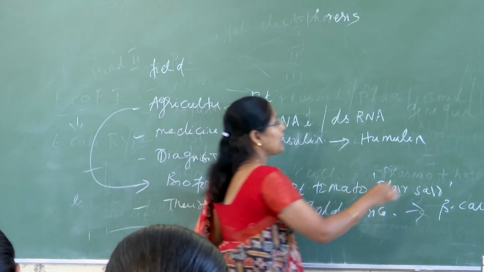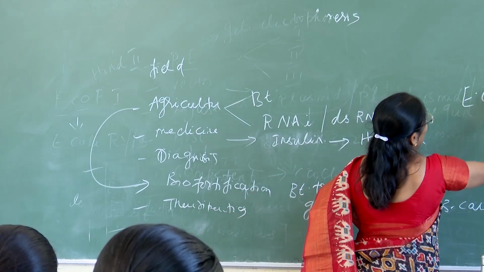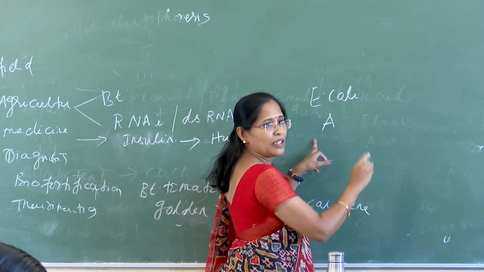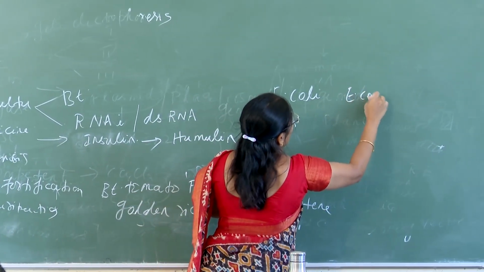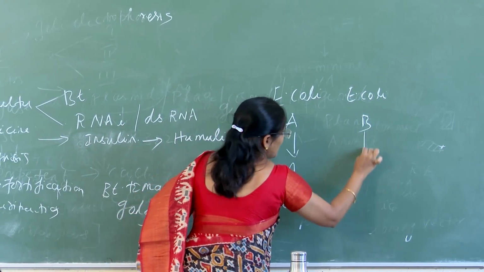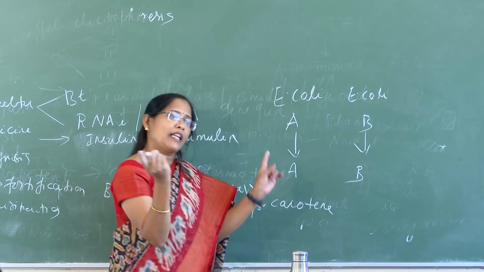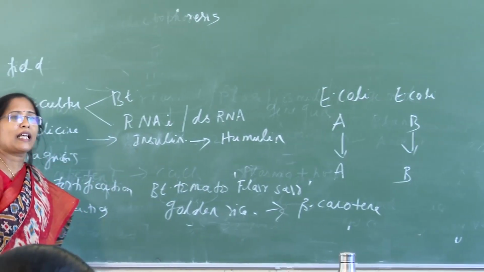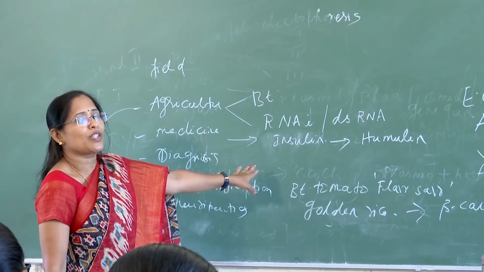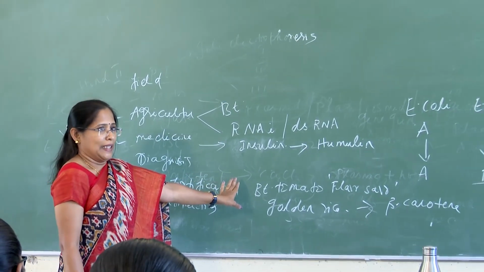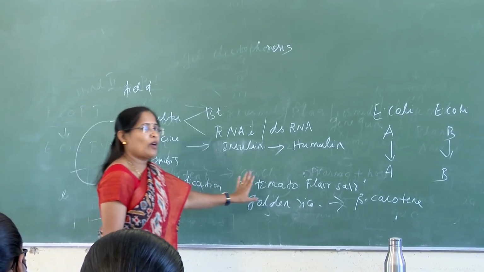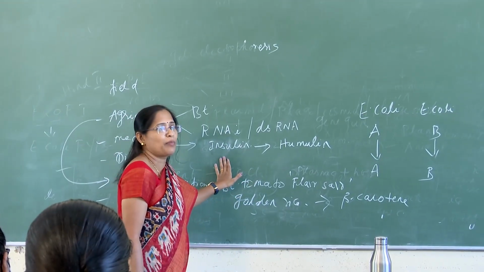So what they did is they used E. coli, they inserted the A peptide gene in one E. coli host cell, plasmid B in another E. coli. So this will produce only the A chain, this will produce only the B chain. Then they combined both of them using the disulfide bond. That's how they did it. Which company was responsible for it first, which developed it? American based company, Eli Lilly. They are the ones who first developed this.